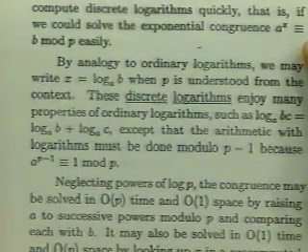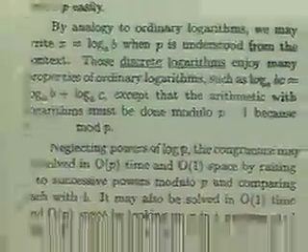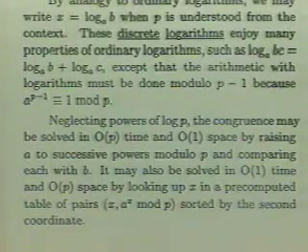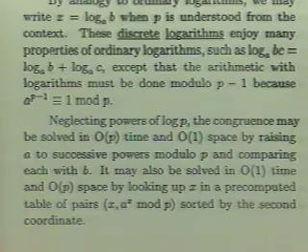Okay, so now let's consider ways that we might solve this a to the x congruent to b modulo p. There are two really naive methods that I'm going to mention here. You can solve this discrete logarithm problem in time a constant times p, and constant space, by raising a to the first power, second power, third power, fourth power, and so on, modulo p, and comparing each remainder with b.